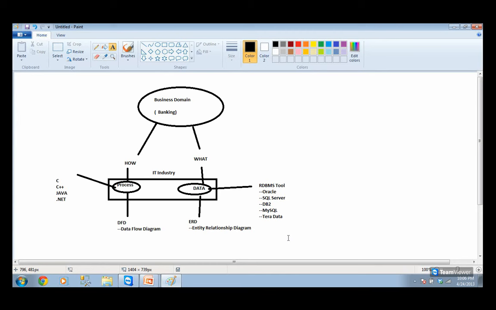But when you understand ERD, you should be able to clearly understand how the company's data is organized and what is the data a bank is capturing from an end user and what is the data a bank is giving to the end user. All of them you can easily understand. Okay, so ERD is a diagram and DFD is also a diagram.